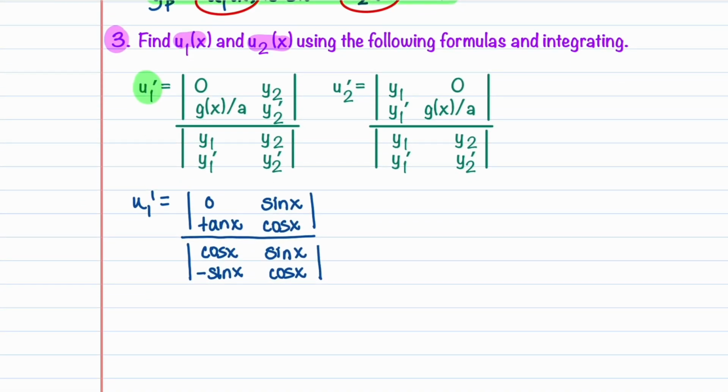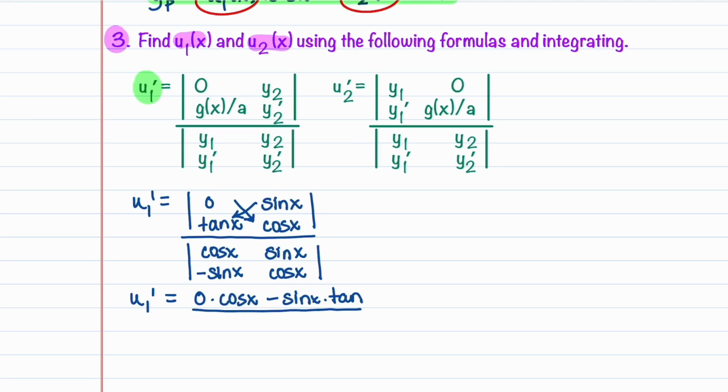Let's go ahead and find what this equals, and we'll worry about u2 prime in a minute. We're going to evaluate the top matrix. To evaluate a 2 by 2 matrix, you multiply the main diagonal elements and then subtract off the off-diagonal elements. So we have 0 times cosine x minus sine x times tangent x.